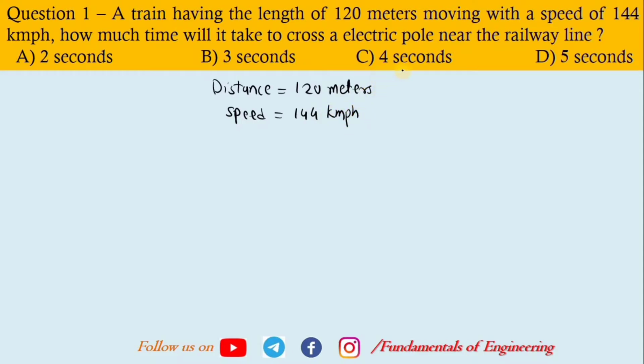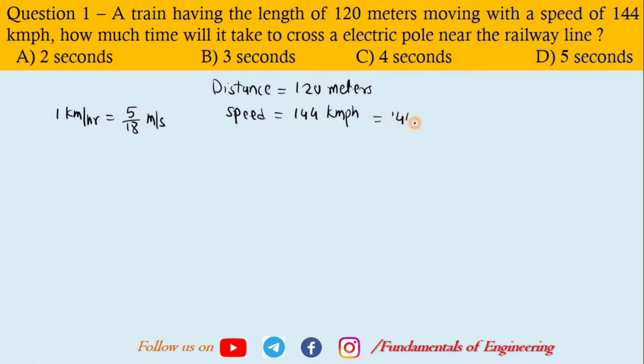Now we require the value in seconds and distance is given in meters, so we need to convert this 144 km per hour into meters per second. How are we going to convert? We have the relation 1 km per hour is equal to 5 by 18 meters per second. So by using this relation we are going to convert this.